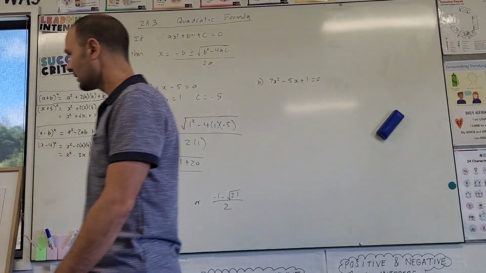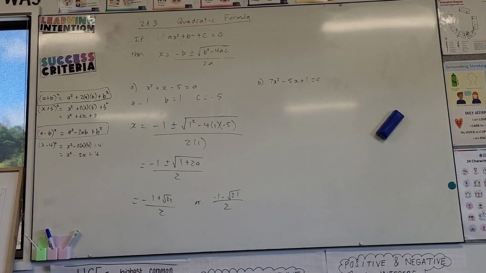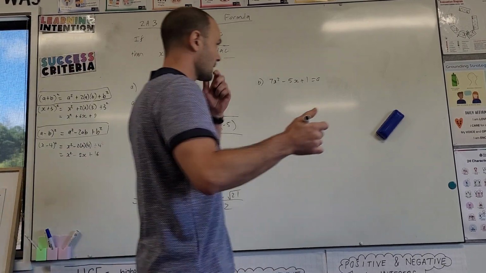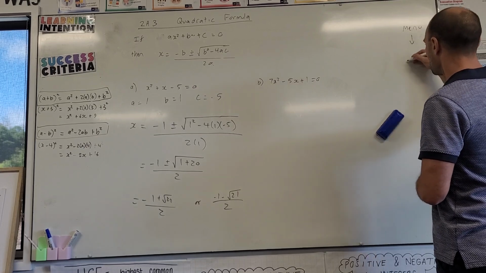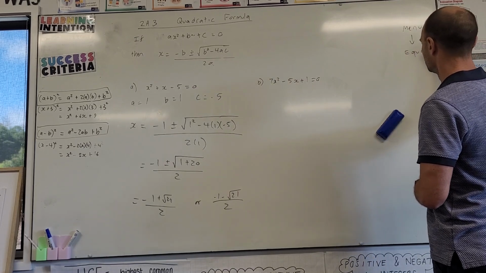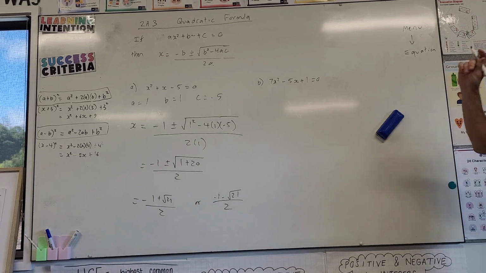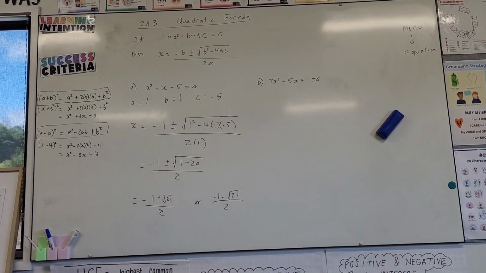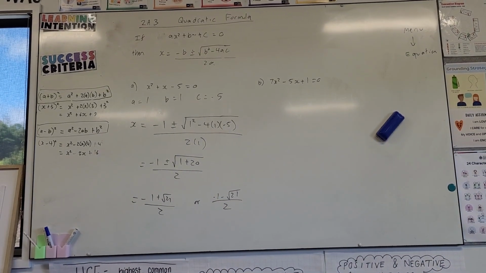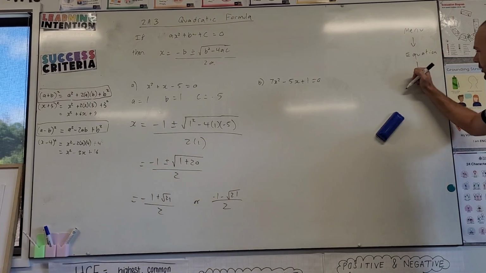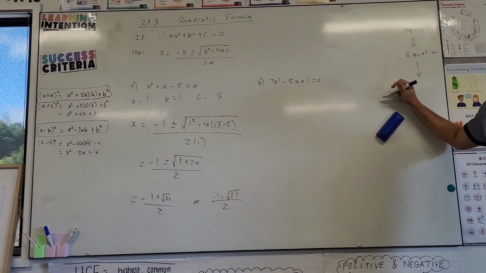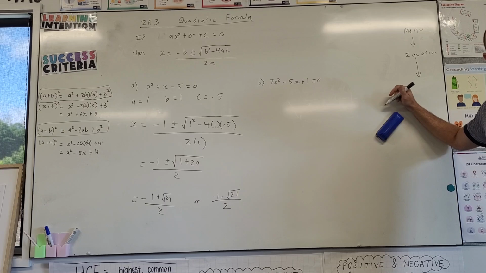Now just quickly, I'll show you how we can use our calculator for this as well. So we can pull our calculators out. We're going to go to the main menu, and we're going to go down to equation. Now, once we're in equation, who wants to have a wild guess what kind of equation this is?